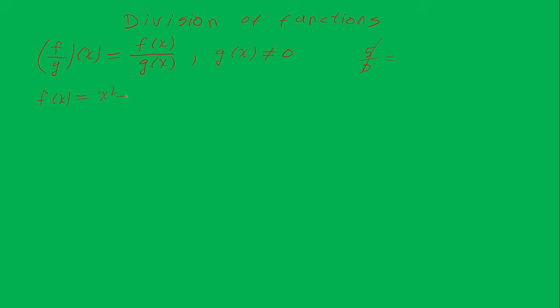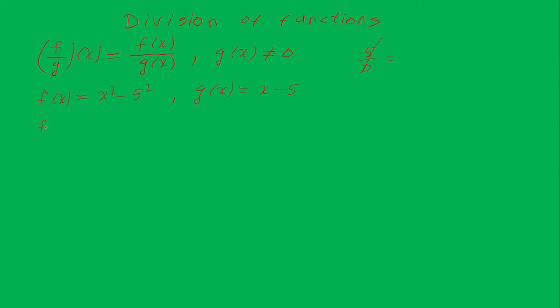So for example, we have f of x given, and it's equal to x squared minus 5 squared. Conveniently enough, right? And then g of x is equal to x minus 5. So let's do division. So we are asked to actually divide these two functions.